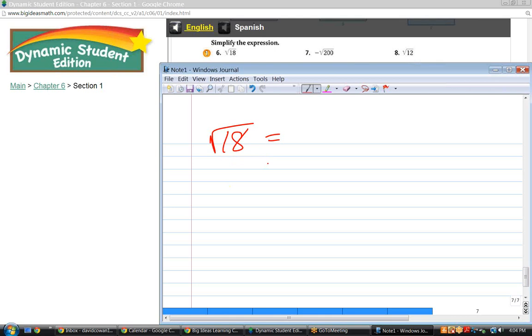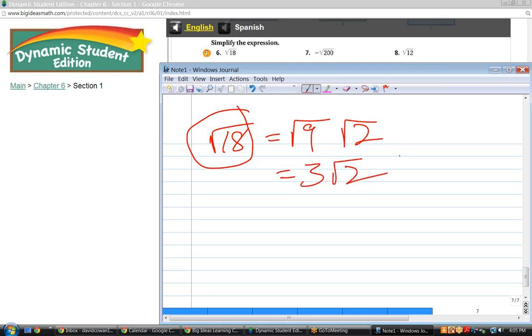Just that. In other words, once you get it down to the square root of a prime number, you can't reduce it anymore. And in fact, the rules are that you only can reduce this if you can pull out a whole number. In other words, that's the square root of 9 times the square root of 2, so this is 3 root 2. Okay?